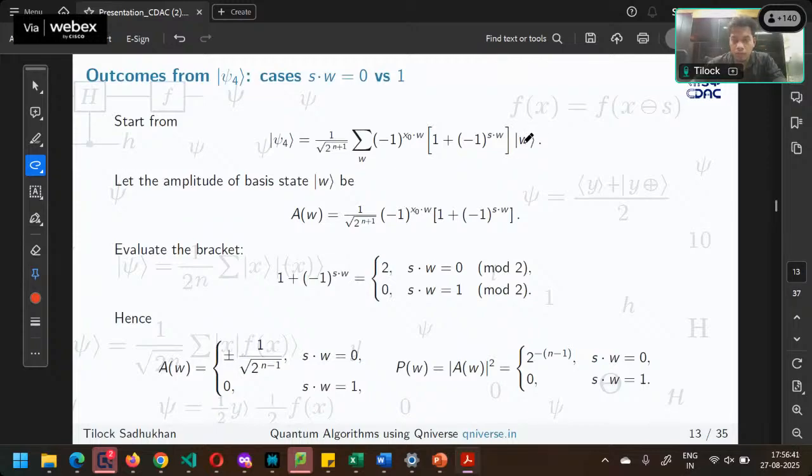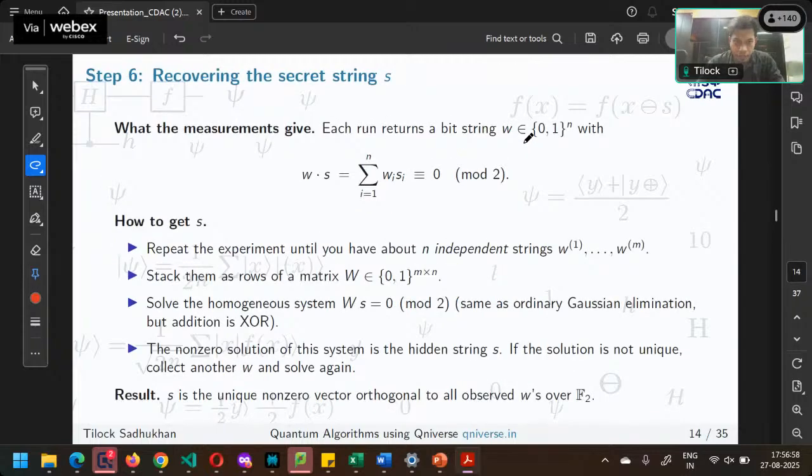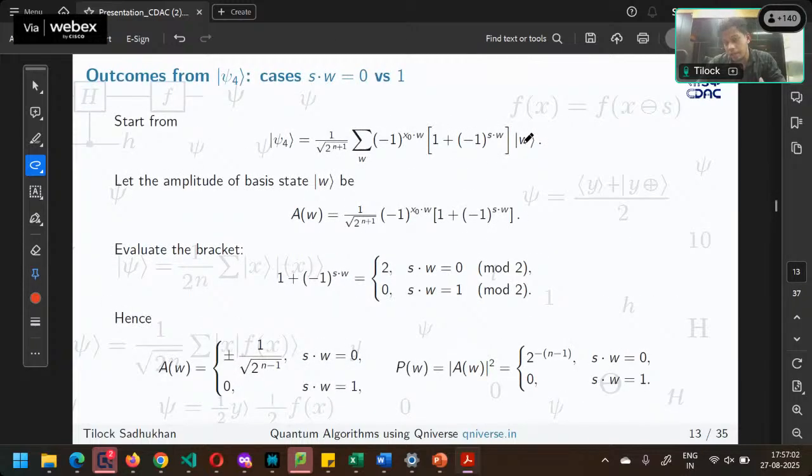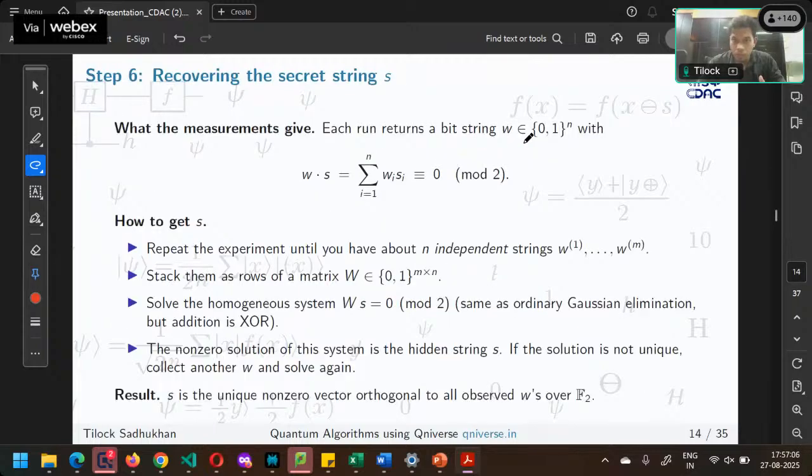Remember our main goal was to find the value of the secret string, that is our S, right? To do that, we are going to form a set of linear equations, which will give us the secret string S. It is not necessary that all the outputs we get are linearly independent.